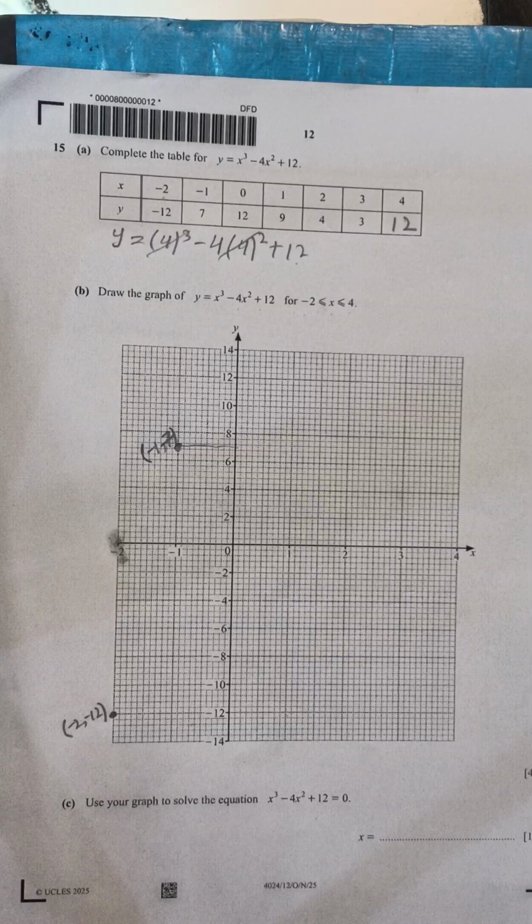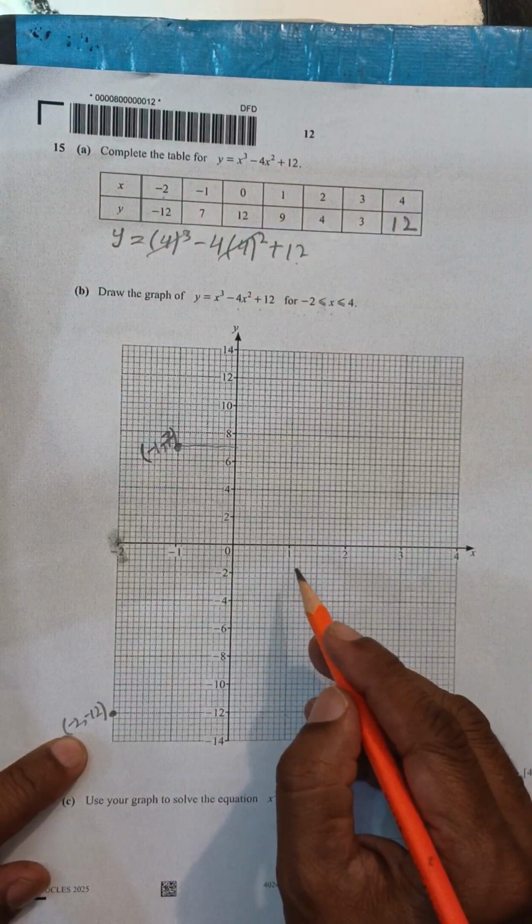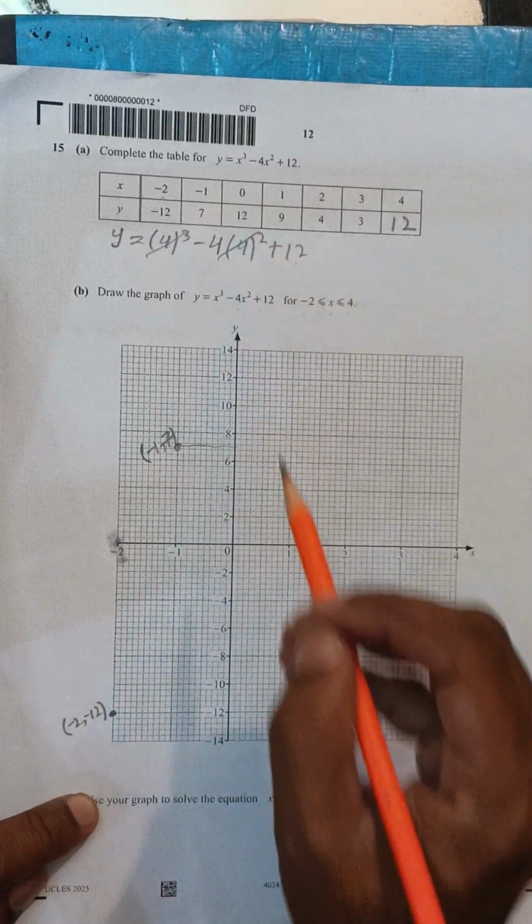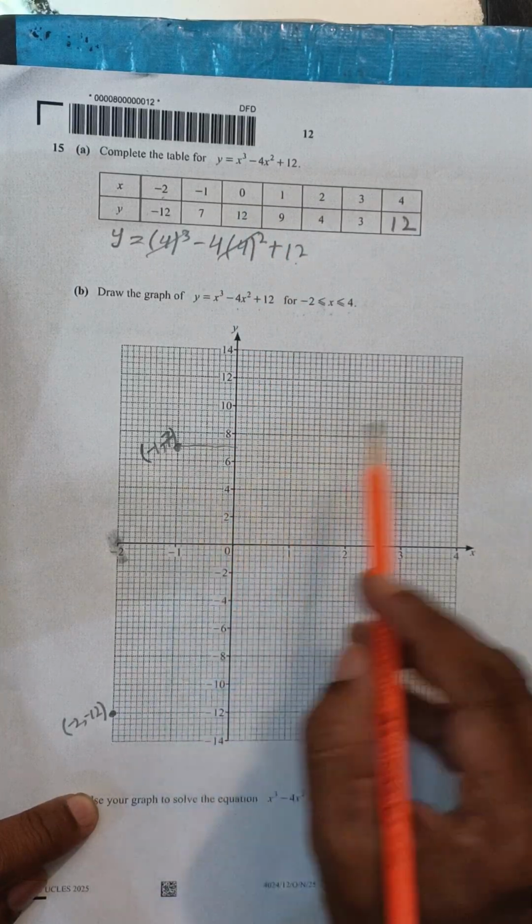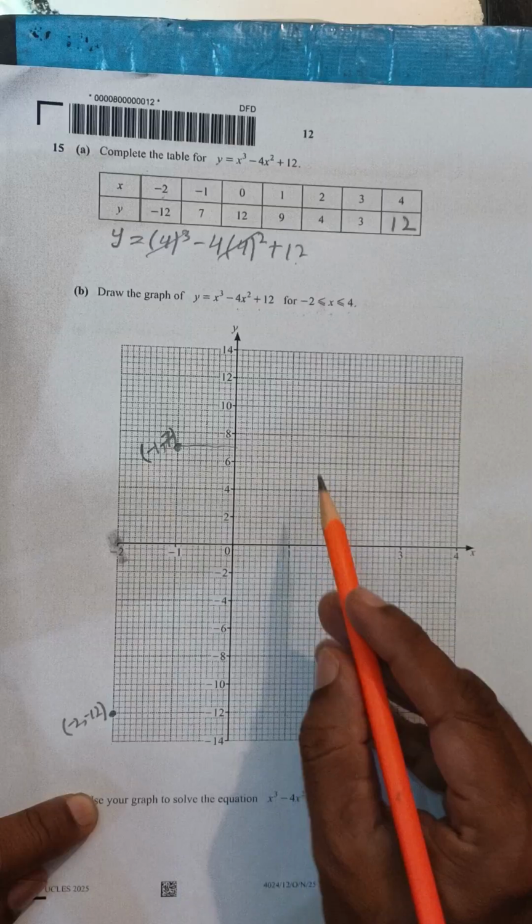Okay guys, so 0 and 12, sorry for the wait.